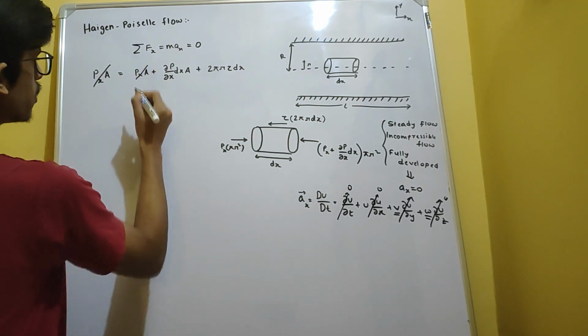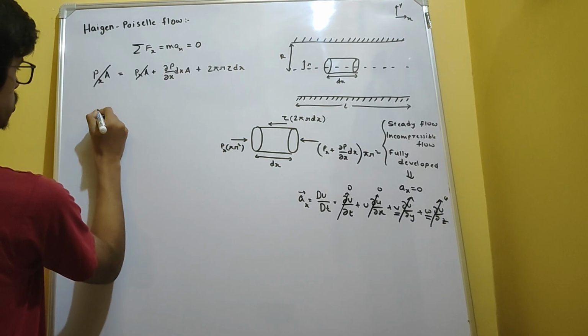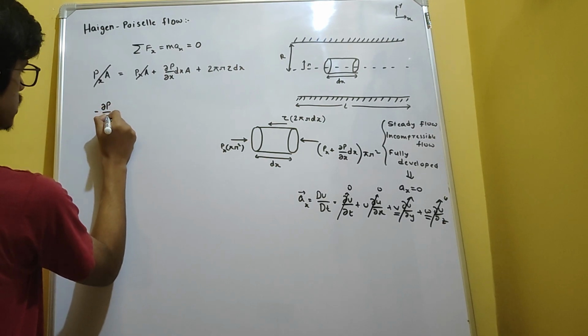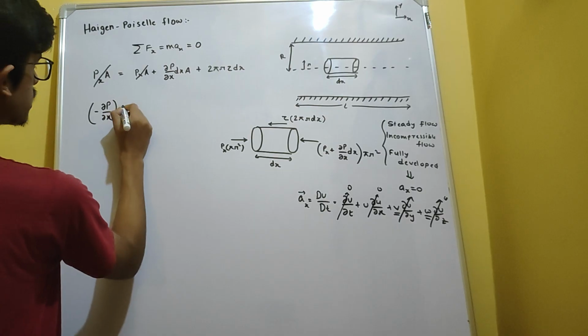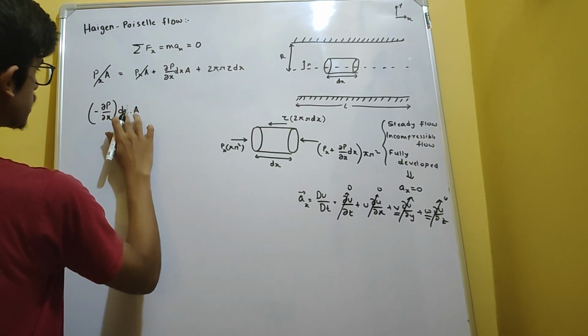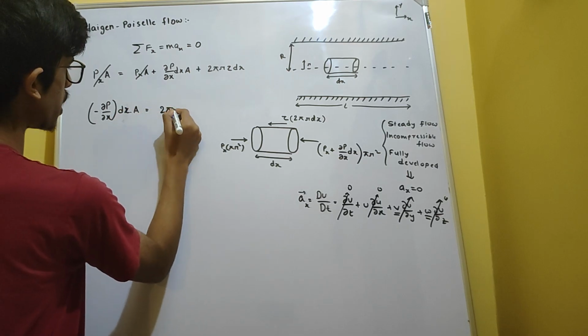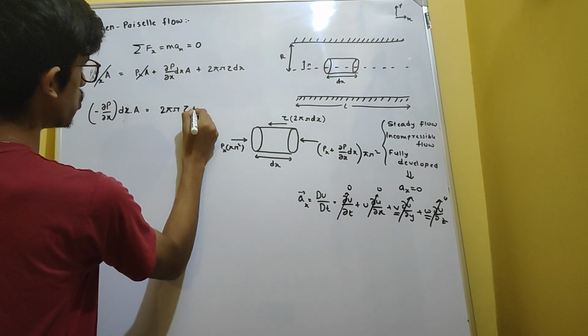So this and this one will cancel out each other, and if you further solve it, that is ∂p/∂x minus ∂p/∂x dx into area, dx into area will be equal to 2πr into τ dx.